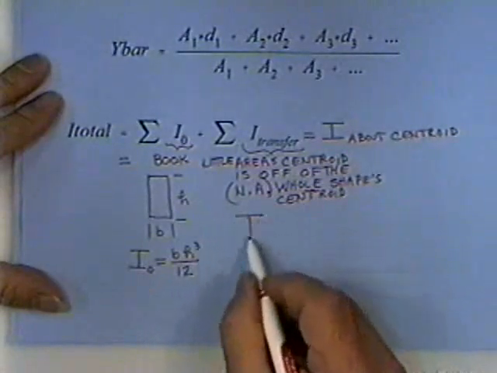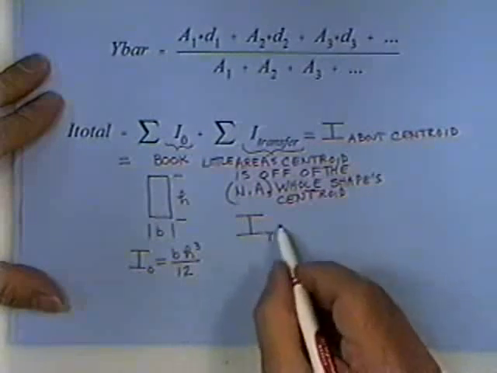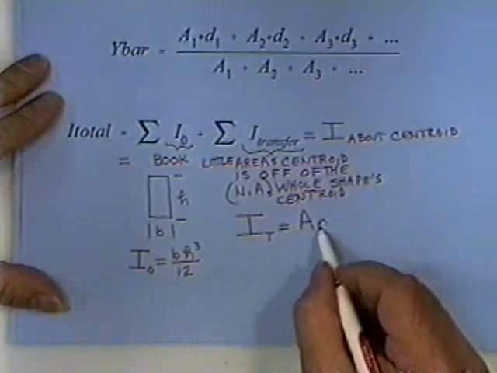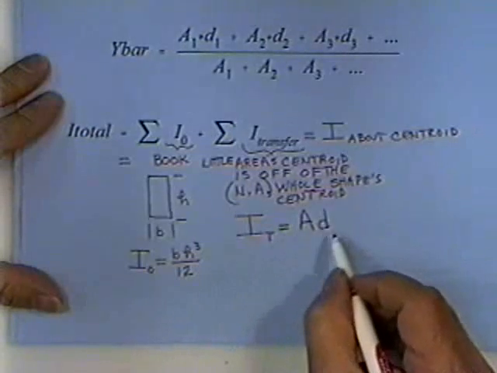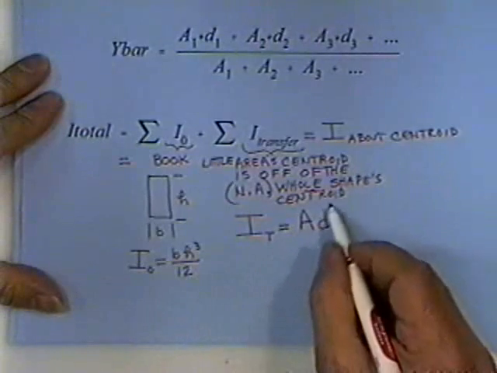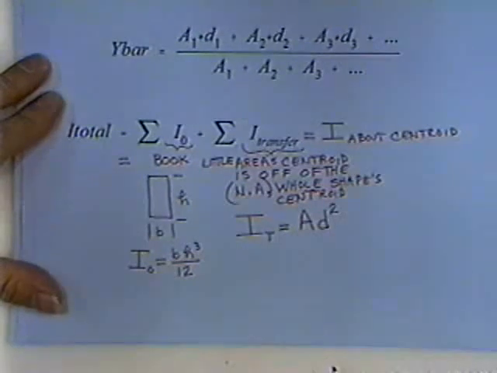And that term's not in the book. Doesn't need to be. Transfer moment of inertia is always A times the transfer distance, that's the distance between the centroid of the little area and the neutral axis, squared.